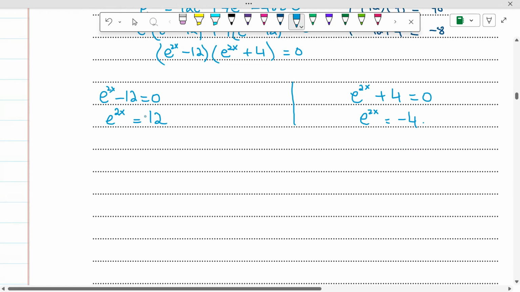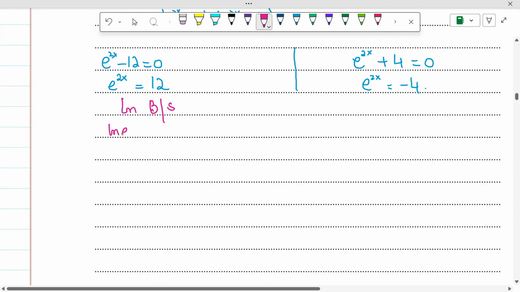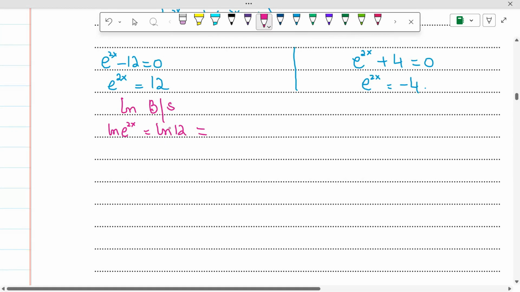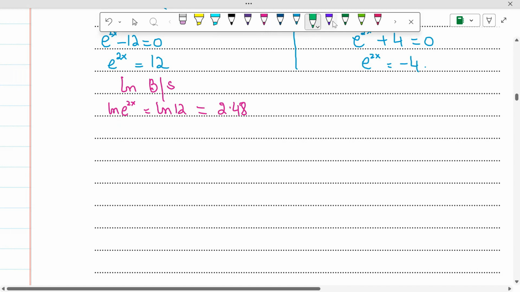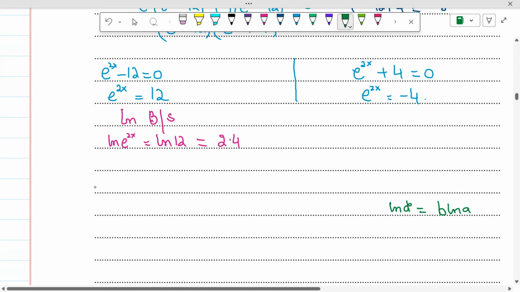To find the value of x, we need to take ln on both sides. This will be ln e^(2x) is equal to ln 12, and we know that ln 12 is equal to 2.48. By using the property ln a^b is equal to b ln a, the left side can be written as 2x times ln e is equal to 2.48.